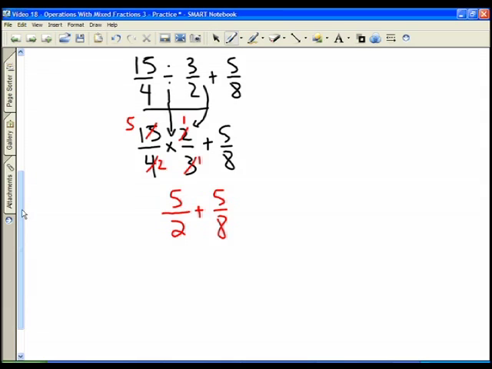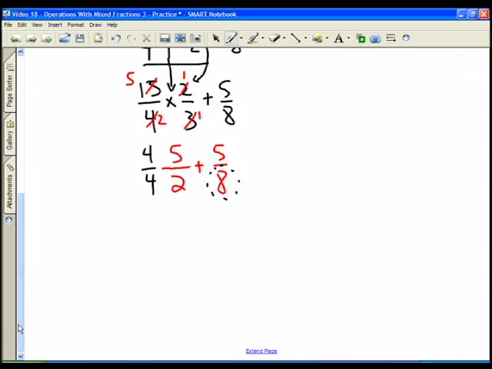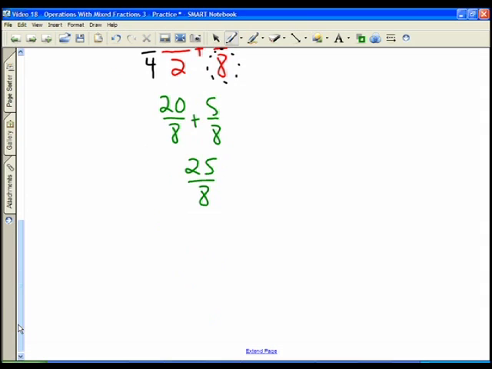And now we realize we don't have a common denominator, but 8 is divisible by 2, and so our magic number will be 4, because we want to make our common denominator 8. So we will multiply this fraction by 4 over 4, and then that gets us 4 times 5 is 20 eighths plus 5 eighths, and that's going to equal 25 eighths.